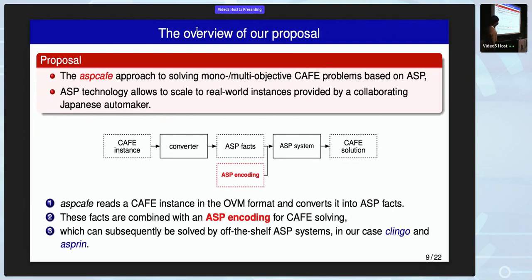ASP CAFE reads a CAFE instance in the OVN format and converts it into ASP facts. These facts are combined with an ASP encoding for CAFE solving, which can subsequently be solved by off-the-shelf ASP systems, in our case, clingo and clasp.